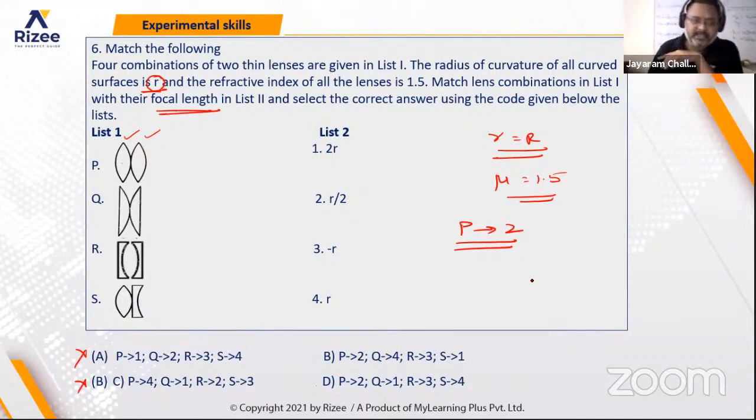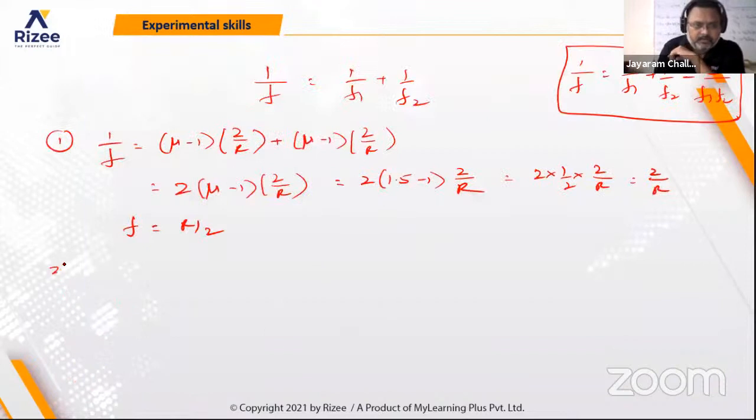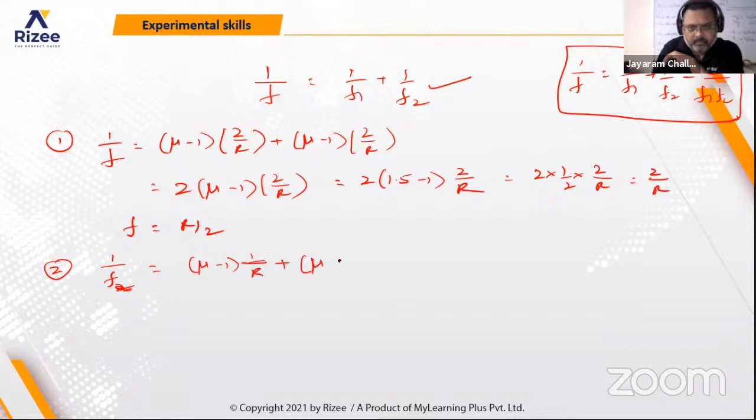Now let's verify the second one. These two are plano convex lenses. The focal length formula will be the same: 1/f = (mu - 1)(1/r) + (mu - 1)(1/r), where one plane side is infinity.